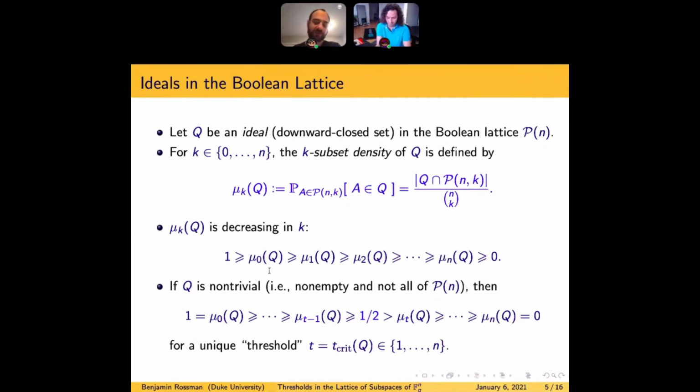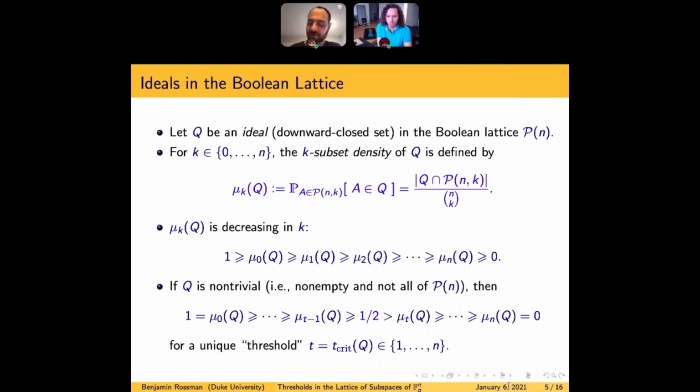And if Q is non-trivial, meaning non-empty and not all of P_n, then there's some unique threshold T, the critical threshold of Q, such that at size T minus 1, the density is at least 1/2, and it's strictly less than 1/2 at mu_T.